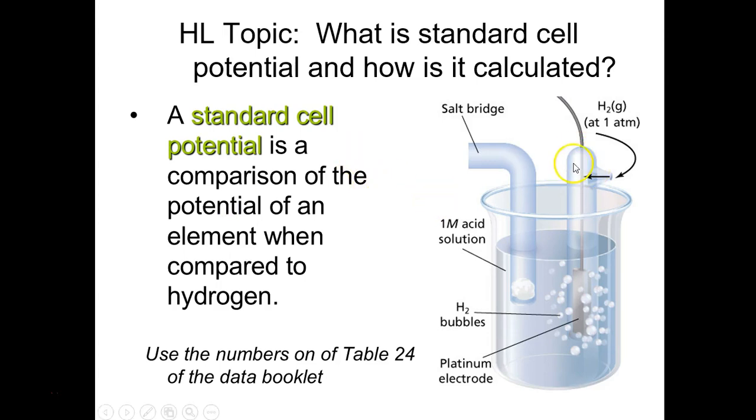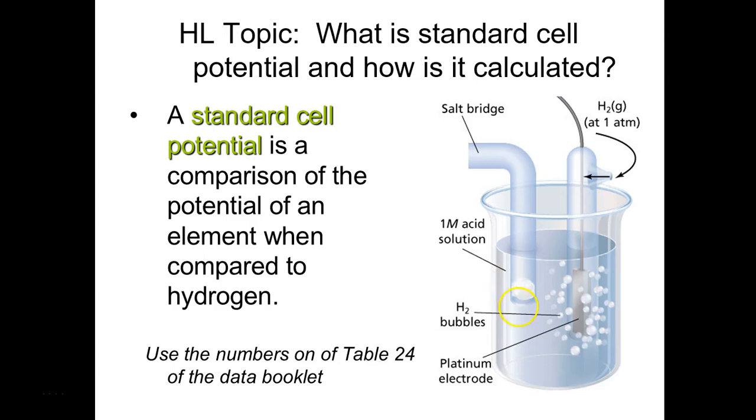Right? And here's a standard hydrogen electrode. What you have is a tube containing hydrogen gas at 1 atmosphere of pressure. Right? The hydrogen gas, the tube is connected to a platinum electrode. And everything is submerged in 1 molar acid solution. So that is 1 molar strong acid. So we have 1 mole of hydrogen ions per liter.